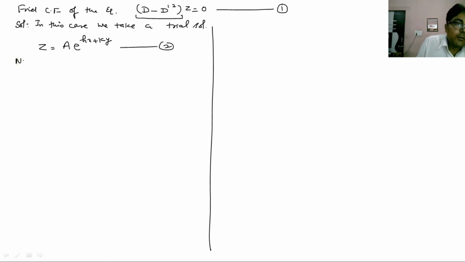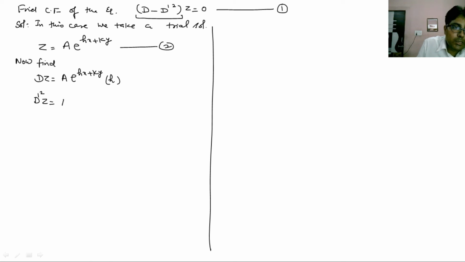Now find Dz. Dz means the partial derivative of z with respect to x. So this is a e^(hx+ky) into h. Clear? And D'^2 z means the second derivative, taken two times with respect to y of z.